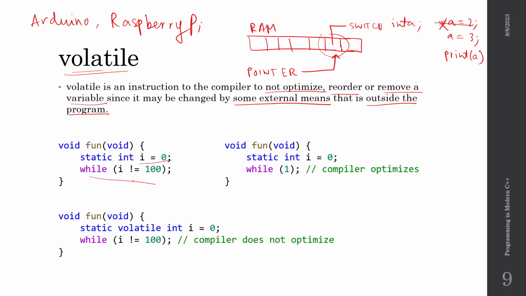It will stay in this function forever. So what the compiler can do is optimize it like this. Over here you can see that the compiler has removed the condition and replaced it with 1, because it will give the same behavior. Once the program enters the function, it will not leave it. The same behavior will happen. So this is what will happen normally.